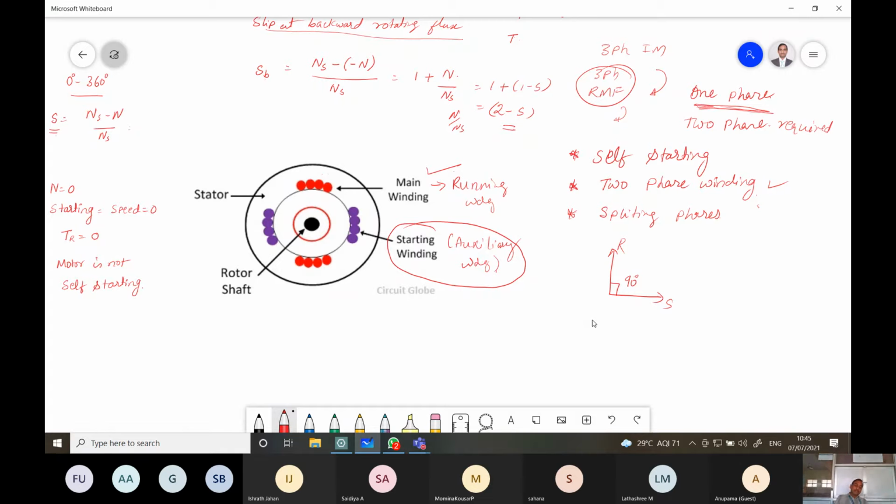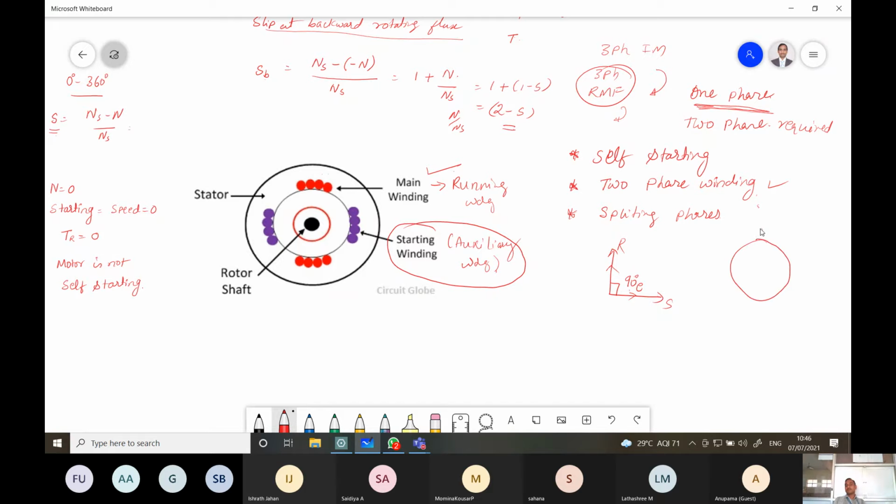Electrically, not mechanically, so 90° electrical. The angle between the starting winding and the running winding is 90° apart. It means the phases are split by 90°.